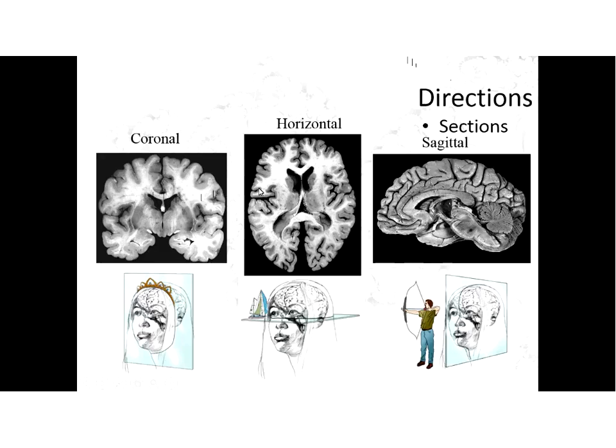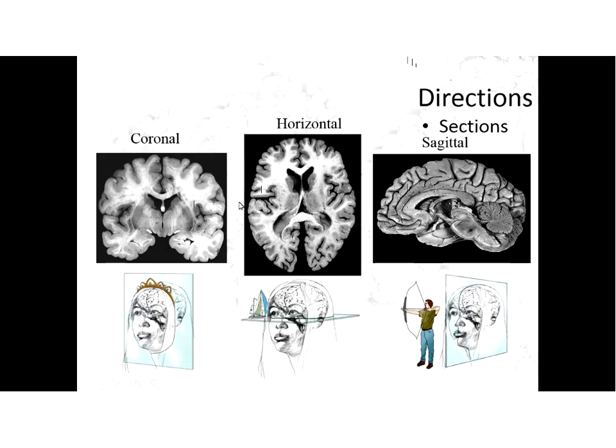So we see the corpus callosum here. We see the corpus callosum in the horizontal section, but it's in two places. So how can we have it in two places and not in others? Well, if we look at the sagittal view, we can see that if we took a horizontal section at this level, we would see corpus callosum at the more rostral extent and more caudal extent, and we wouldn't see it in those intermediate ranges.